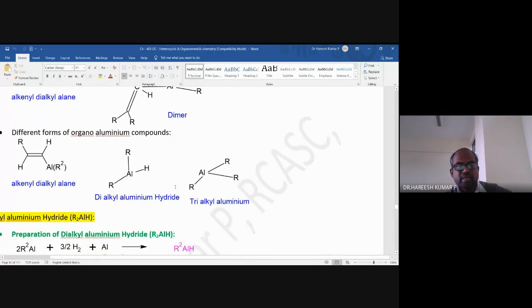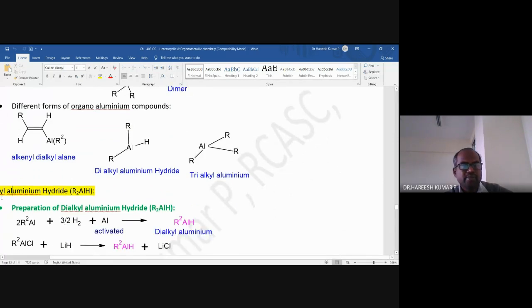Next is the preparation of dialkyl aluminum hydride.